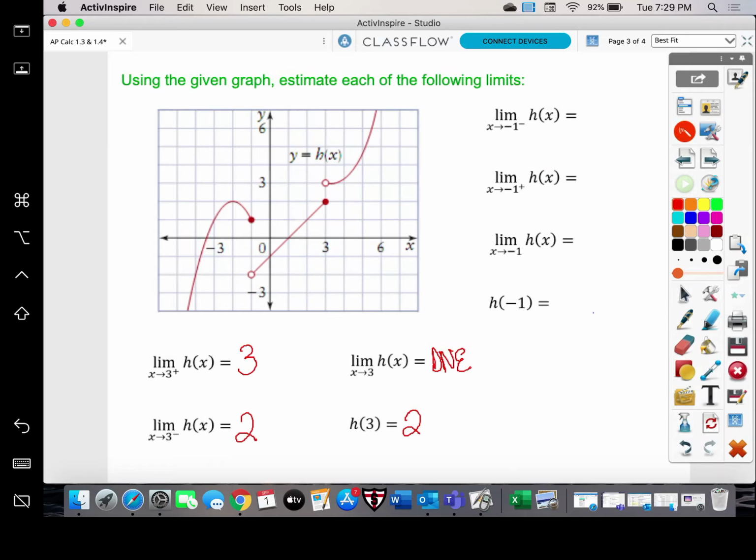As we approach -1 from the left, looks like 1. -1 from the right looks like -2. So then the two-sided limit at -1 does not exist because they're different. And H of -1 is 1. Did you get those two? That's awesome.